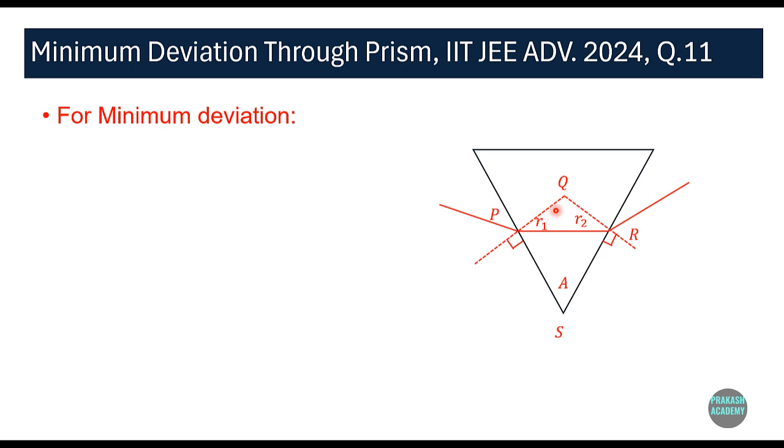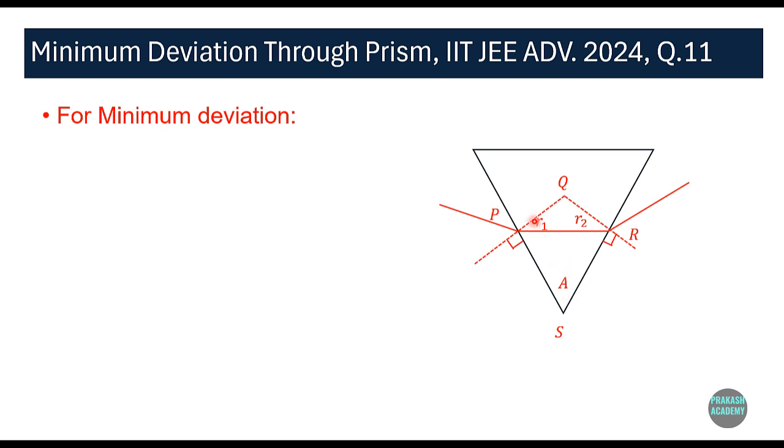We can draw a perpendicular on this surface, and similarly on this surface I can draw another perpendicular, and if I extend these two perpendiculars they meet at point Q, and this point is S, and this angle is the prism angle which is often called angle A.